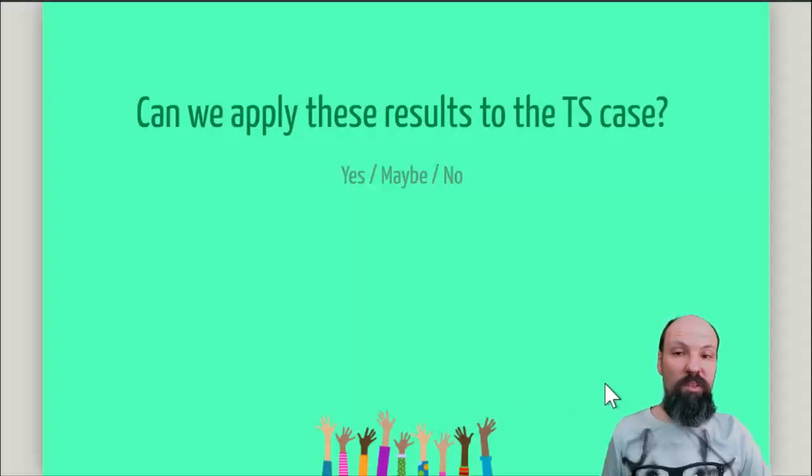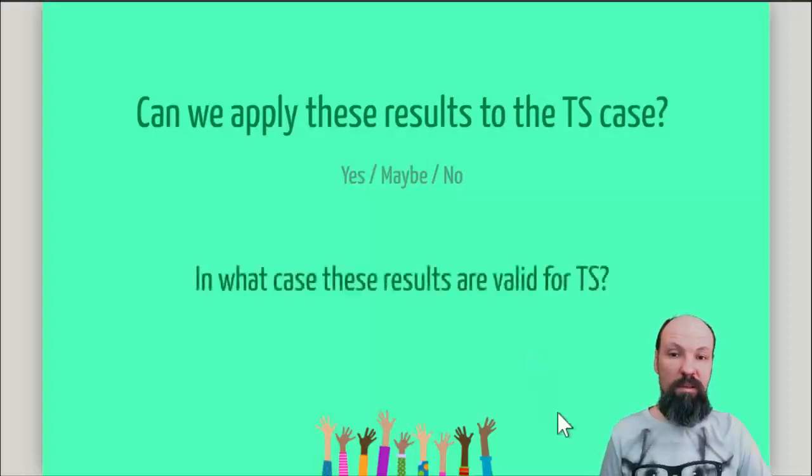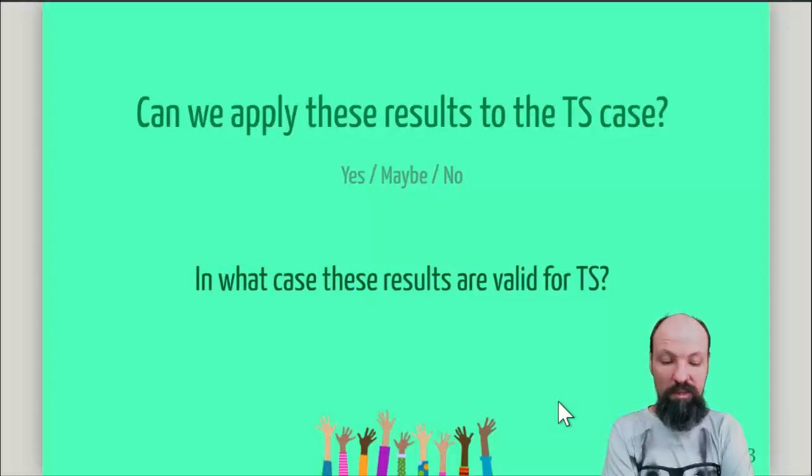And then the question is, can we apply the results to the time series case? So what do you think? And if yes, then in which case? Can we imagine the case where this can be applicable right away without any damage to the time series context? And if not, then why?